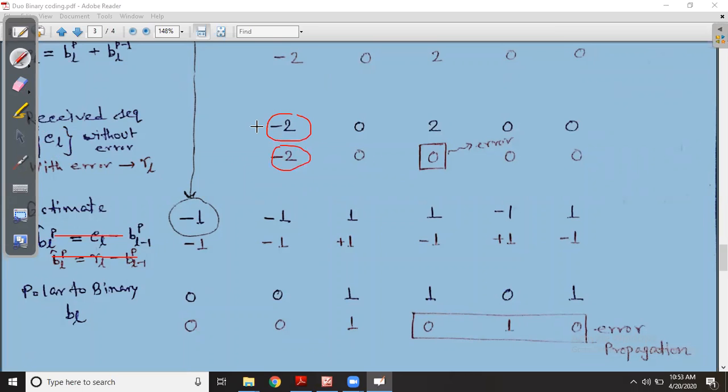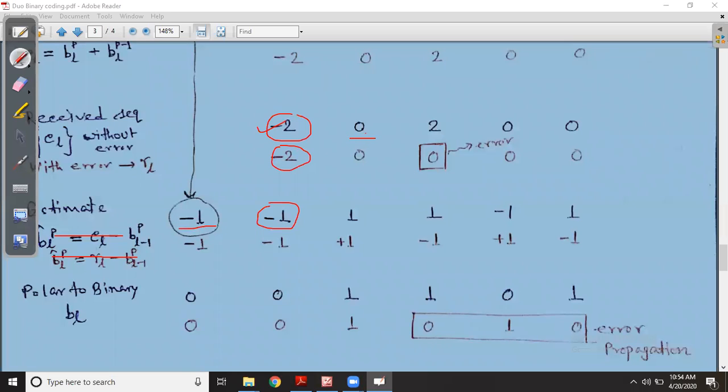CL minus the previous polar form, BL minus 1 P. So previous polar is this one. That means minus 2 minus 1, we will have this bit, minus 1, 0.